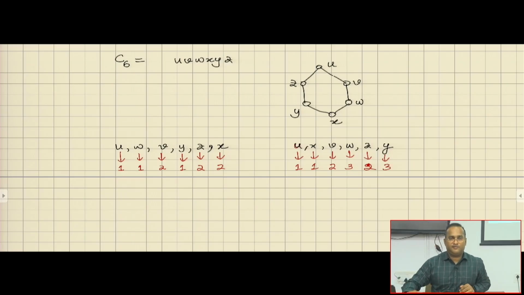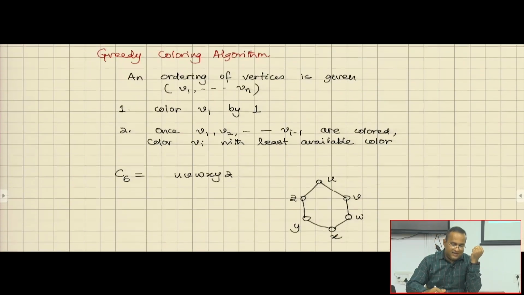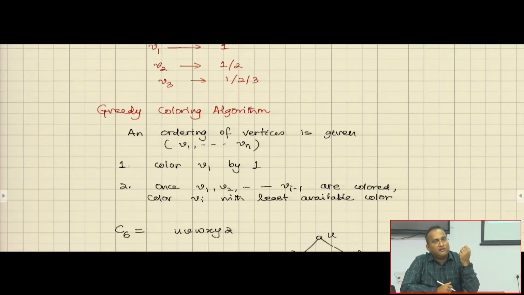And what is C6? It is an even cycle, so it can be 2-colored, right? But here, with respect to this ordering, we are getting more colors to color the graph C6. So what observation can we make here? That this greedy procedure may not give us the optimal number of colors, right?